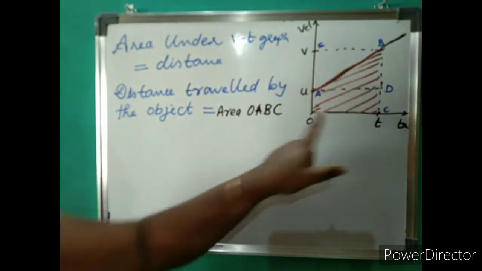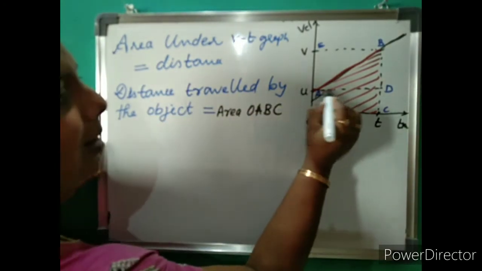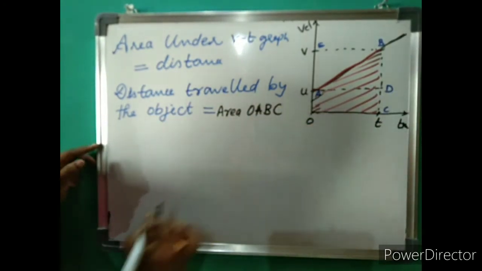What's the shape of this shaded portion? It's a trapezium. Otherwise, we can consider it as one triangle and one rectangle.